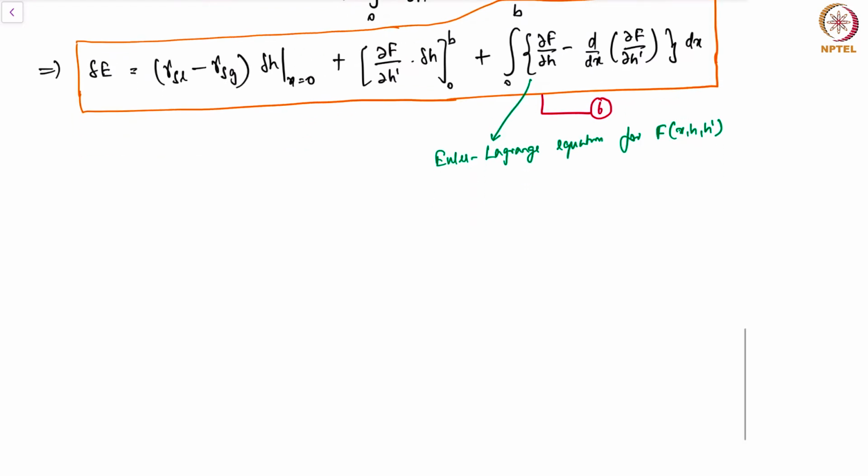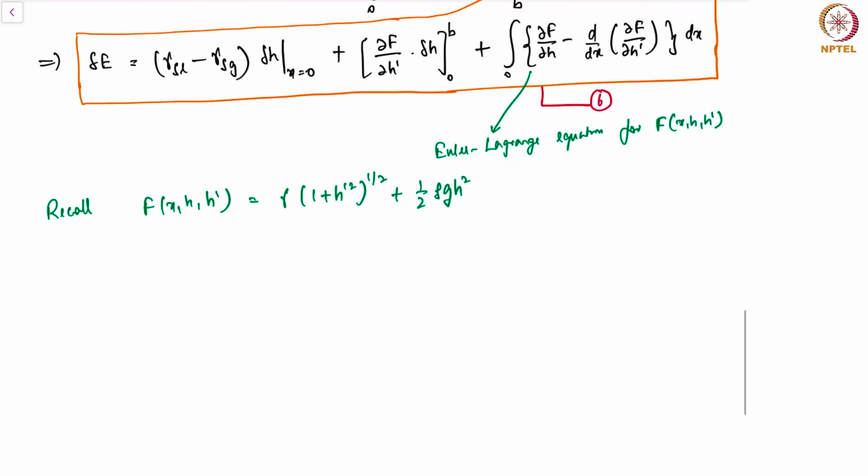So let's evaluate this. What is this quantity f of h, h and h prime? Recall that this is nothing but gamma times (1 plus h prime square) whole power half plus half rho g h square. This is my f.